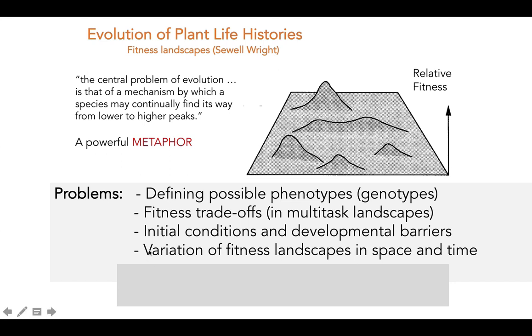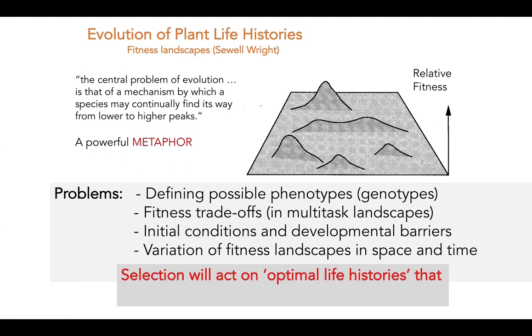But also, how do we characterize variation of fitness landscapes in both space and time? So in short, how can we use a fitness landscape to help us understand variation in life histories? So remember, selection will act on optimal life histories so that it will maximize fitness in the face of many of these different trade-offs. And so this is the problem. How can natural selection optimize a given life history in the face of all of these different trade-offs?